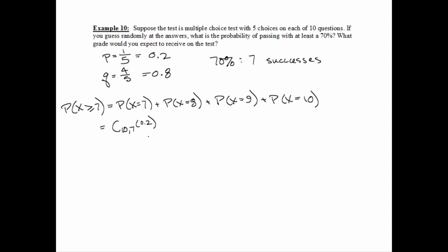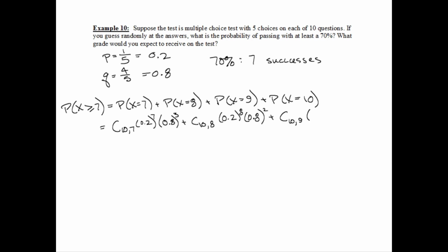So here we have the probability of success, 0.2, raised to the number of successes, which is 7. Probability of failure, which is 0.8, raised to the number of failures, which is 3. Combination 10, 8, 0.2 to the 8th, 0.8 to the 2. If I have 8 successes, I have 2 failures.